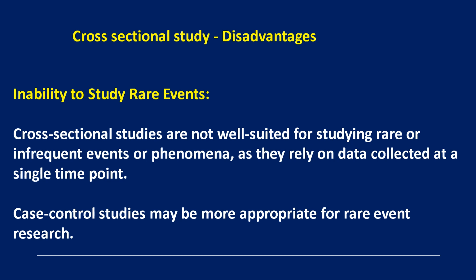Another disadvantage of a cross-sectional study is that it is unable to study rare events. Cross-sectional studies are not well suited for studying rare or infrequent events or phenomena, as they rely on data which are collected at a single point in time.